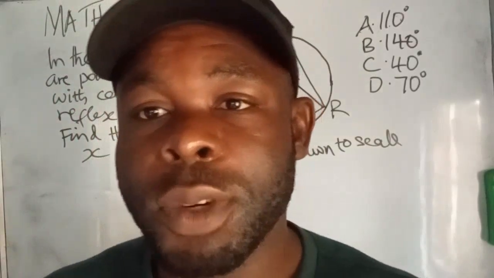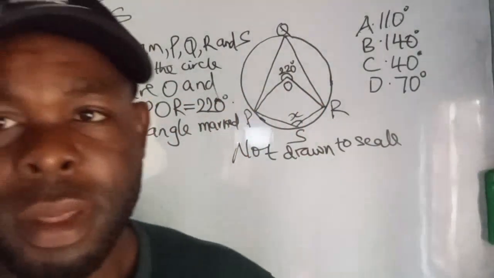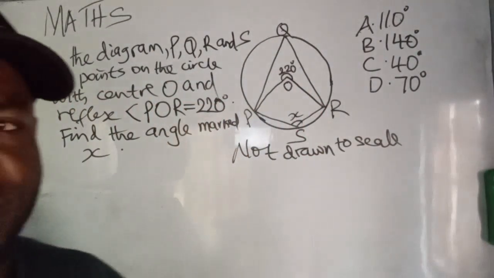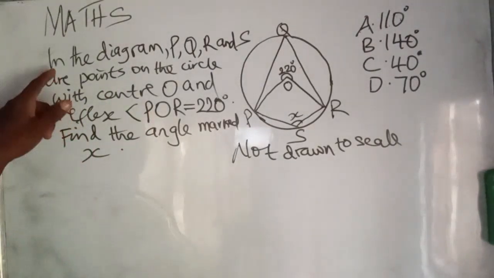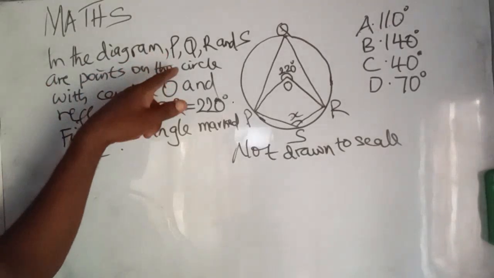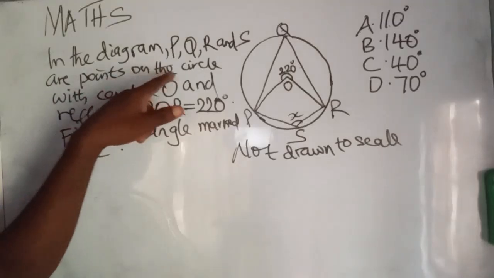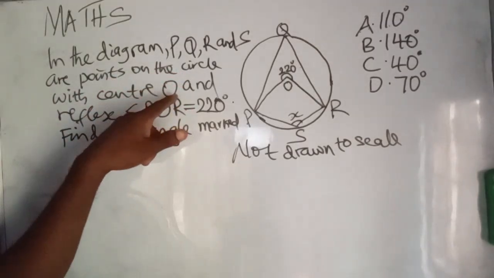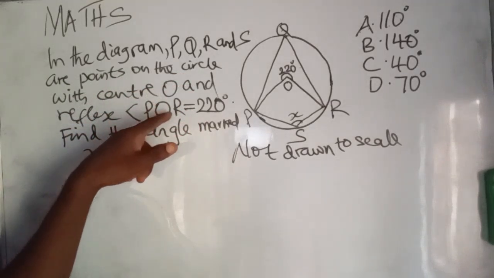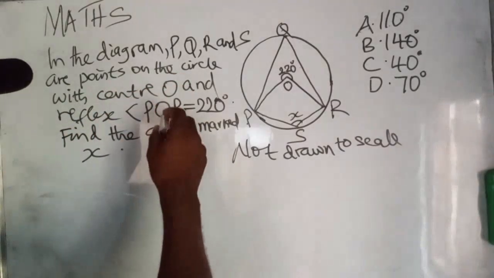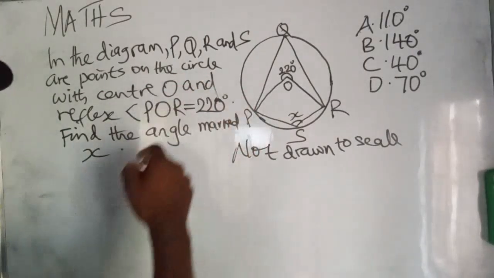Let's solve this problem on the board. It's a mathematics challenge. The question reads: in the diagram, P, Q, R and S are points on the circle with center O and reflex angle POR equal to 220 degrees.